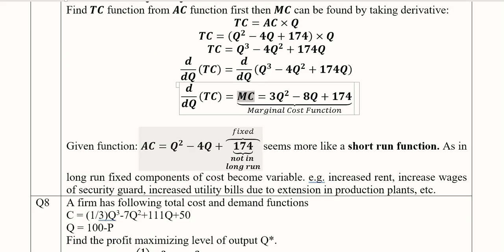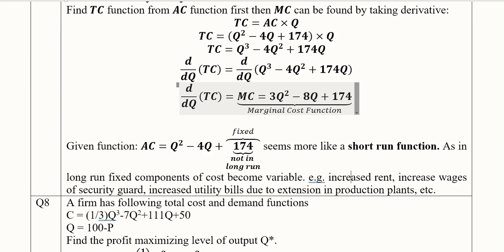The other thing is that the given average cost function is this. In this, we can see a fixed value, that is 174. And we know that in the long run, the fixed component of the cost does not remain fixed, because in the long run, there is quite a bit of possibility of inflation, or increasing rents, or increasing wages of security guards, or increasing utility bills of the production plants due to some extension, because new plants can be built in the long run.